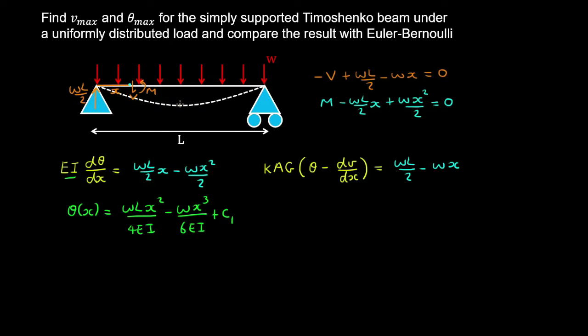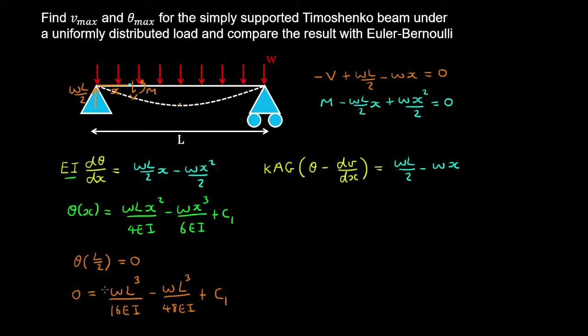And by symmetry, we know that the bending angle at halfway in the beam is 0, so that gives 0 is WL by L on 2 squared, so that would be WL cubed on 4 by 4, which is 16 EI, and then minus WL on 2 cubed, so 2 cubed is 8 by 6 is 48, and then plus the constant of integration.